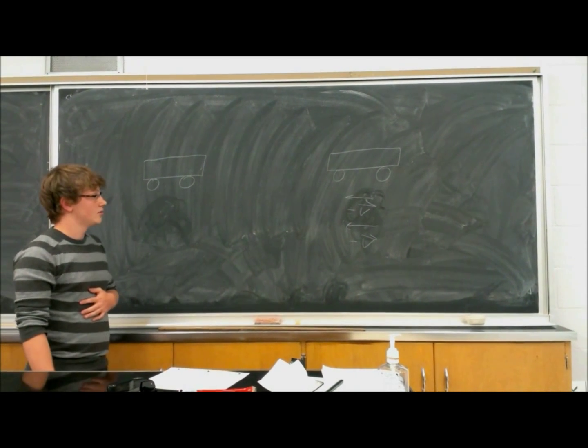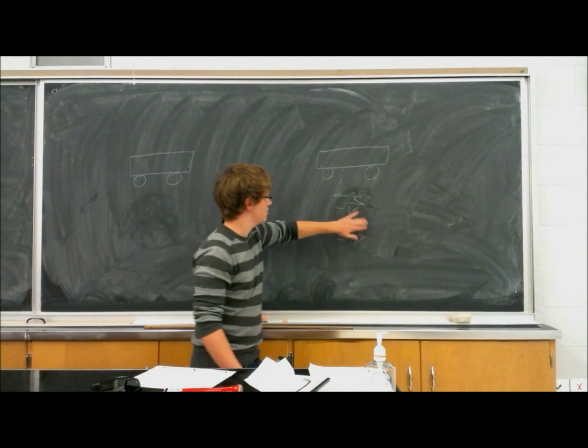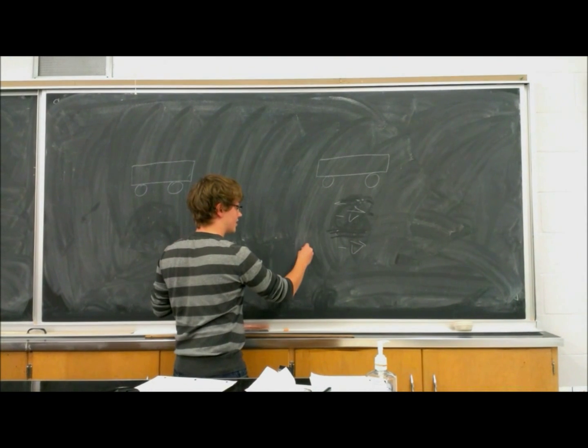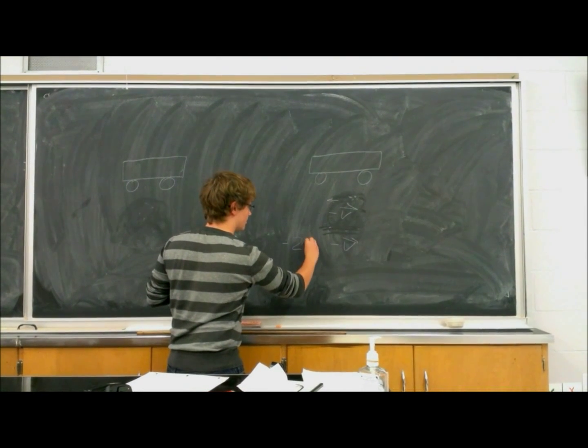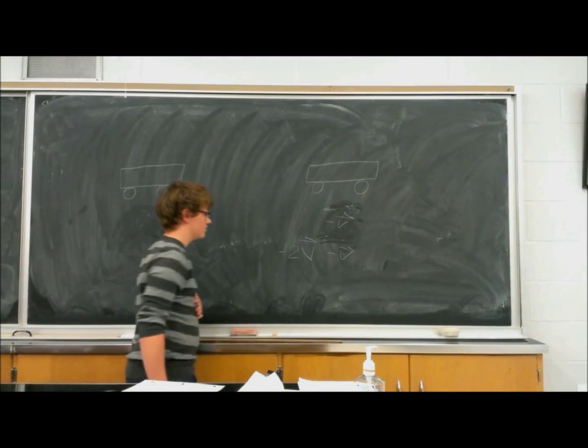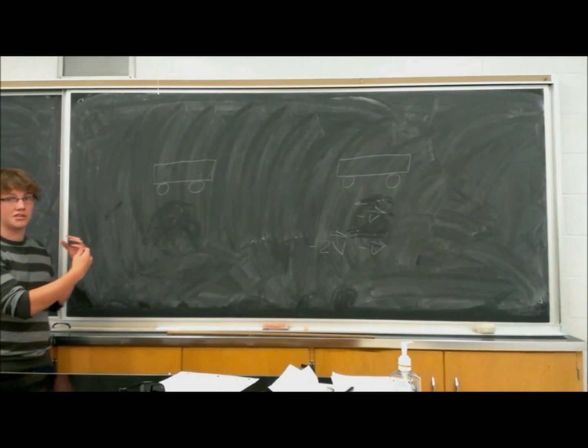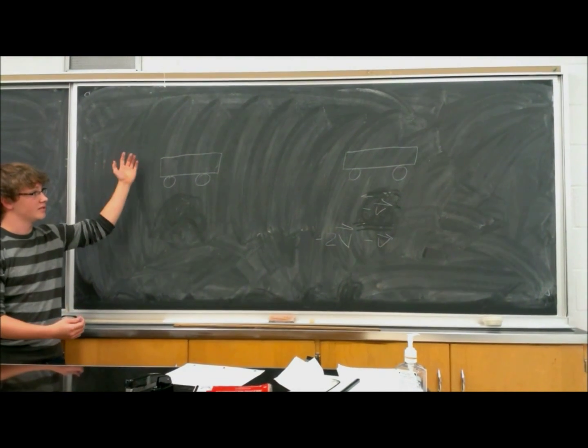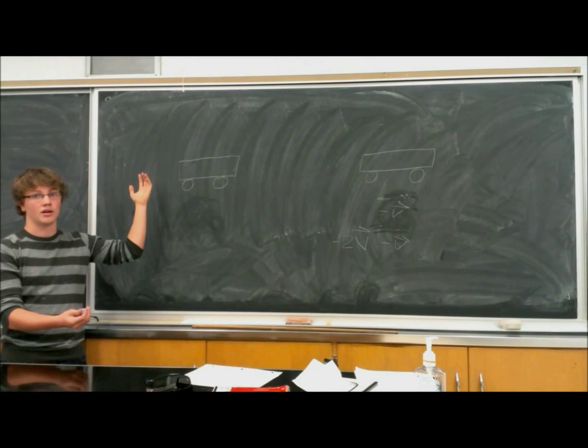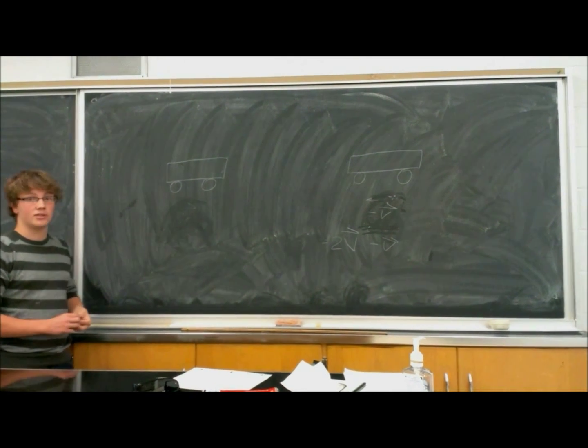So if we add those two velocity vectors together, we get that it's moving this way at negative 2v. So it looks like it's moving towards it twice as fast. And from the frame of reference of this cart, you can't tell what's actually going on. So that's actually the math.